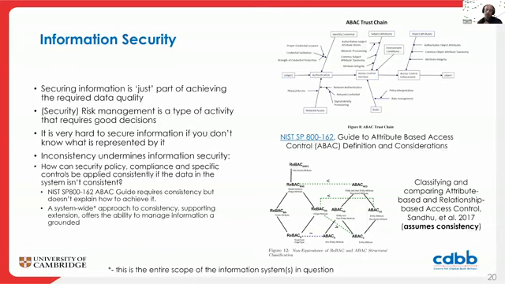And the promising news that I would like to raise with this presentation is that by having a consistent basis on which to identify information requirements, we have a consistent basis on which to identify information security requirements. Information security and securing information itself is just part of achieving required data quality.